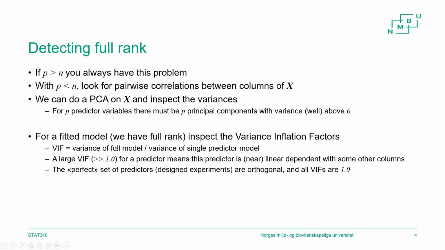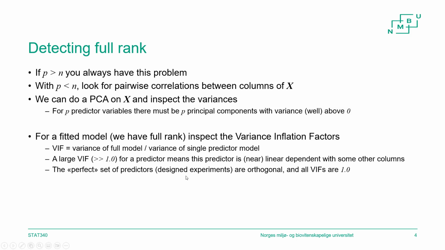So what is it? It's actually the variance of the full model divided by the variance if you include only a single predictor. And if this is much larger than 1, it means that this single predictor is nearly linearly dependent with some other columns. So that particular predictor is perhaps a source of the problem, right?